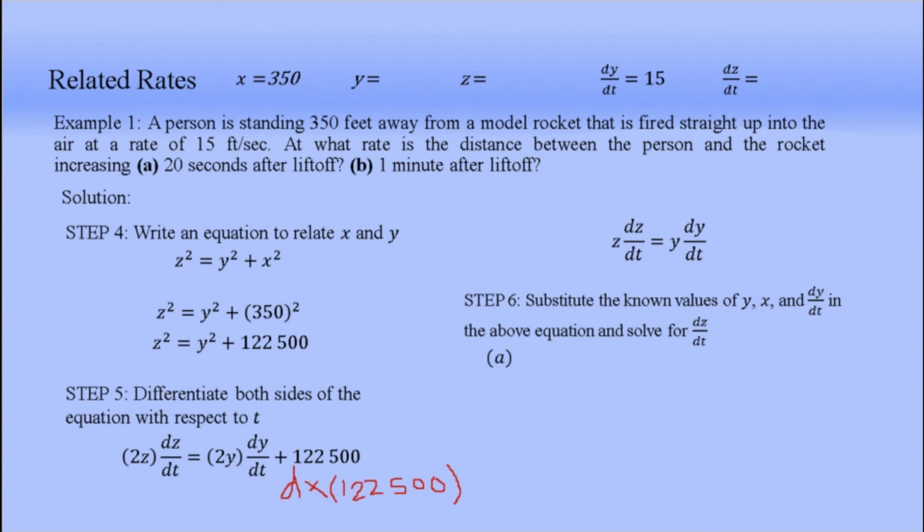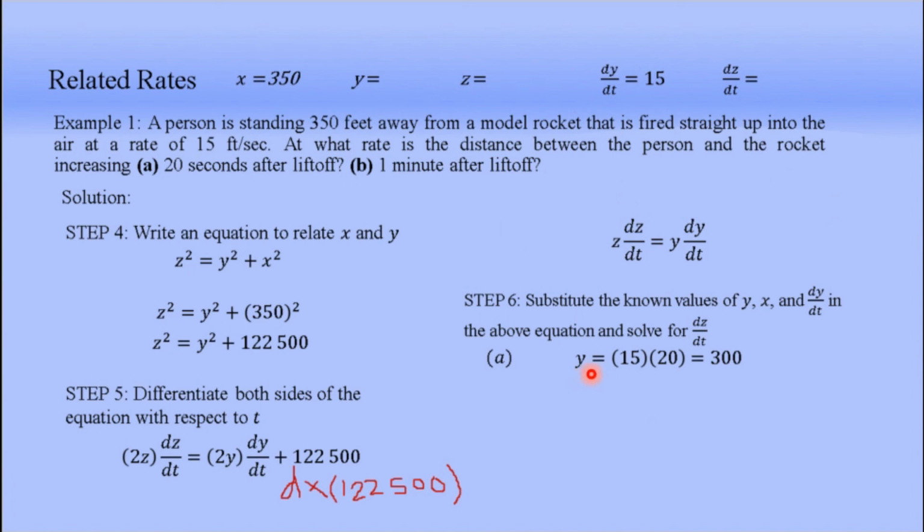So as you can see, in this equation, we are going to need the value of y and z, which we do not have yet as of now. That's why we're going to solve for the value of y and z. First is y, as we are given dy/dt, so it's going to be easier.